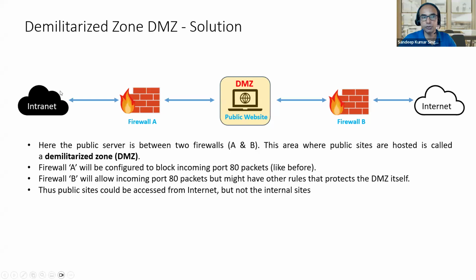But if the request is for an intranet application, say workday.com or a Confluence or a SharePoint, then firewall A is going to block that out. So this is the concept of DMZ. It stands for demilitarized zone, right? And the whole purpose is to allow access to some of the internal websites that are in our internal network that are meant to be publicly exposed and publicly available.